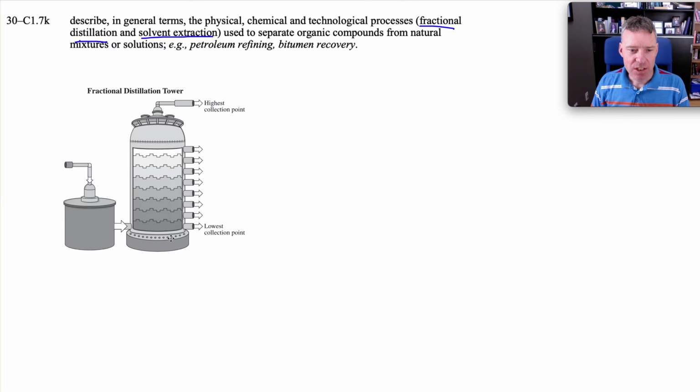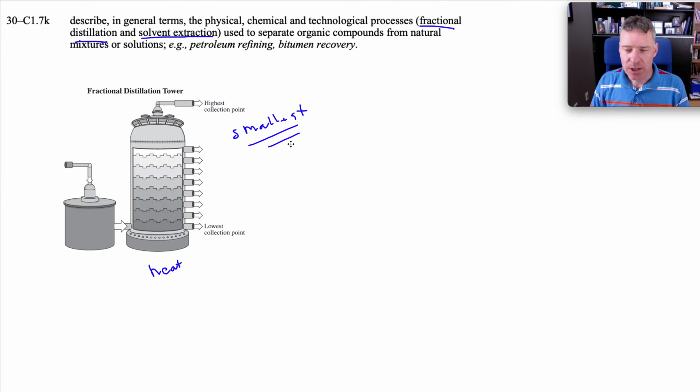In fractional distillation, they are heating at the bottom. And this diploma diagram doesn't show it, but they're cooling as you go up. So only the lowest boiling points will make it up through the cooling and make it to the very top. So you're going to have the smallest hydrocarbons with the lowest boiling point making it to the top.